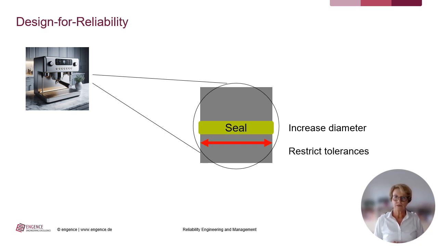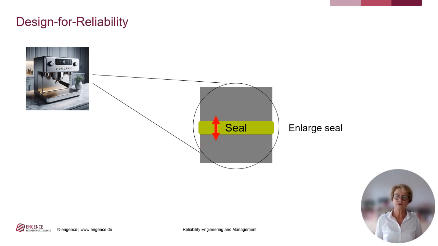We can also limit the tolerance range of the pipe diameter. Limiting the maximum temperature could be another option, or ruling out the use of critical chemicals. Some of these measures are only theoretical because there are constraints by other requirements of the system.